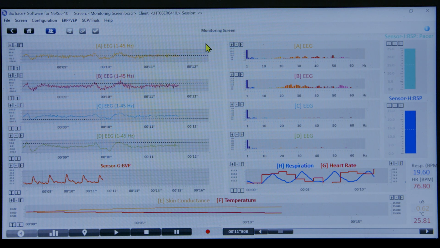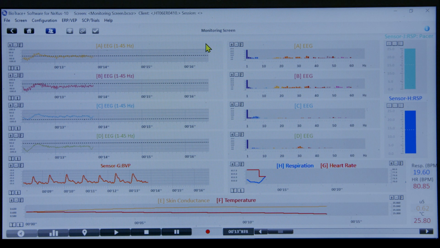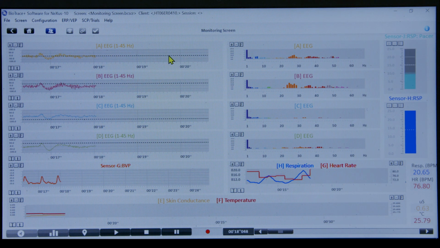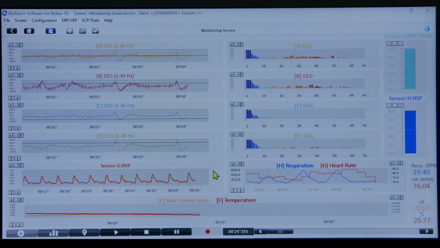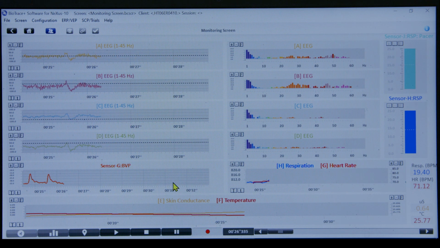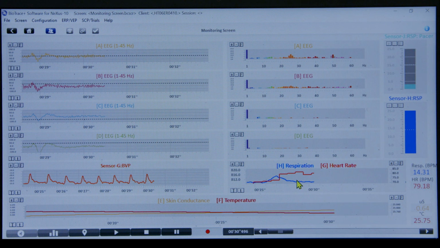Here you can see the active electrodes placed on the prefrontal cortex. You can also see muscular activity. In this case it's an eye blink. You see the blood volume pulse, so this is the heart rate. And we see the respiration activity, so the inhalation and exhalation.